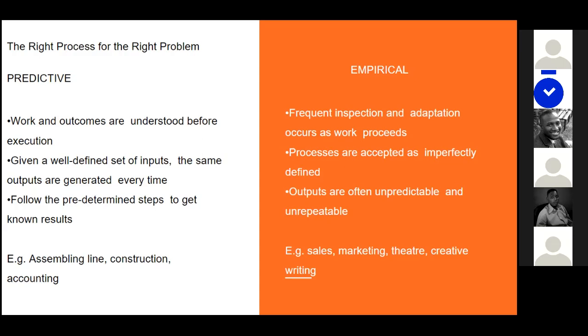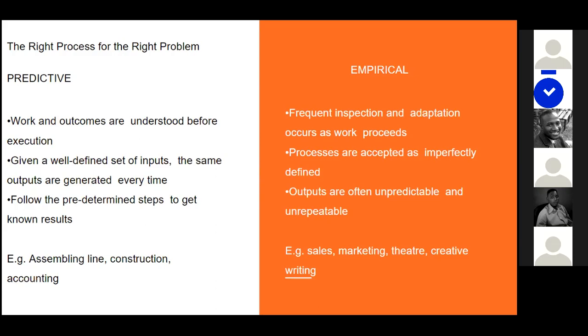And this is where traditional project management comes into play, because you have the four stages: initiation, planning, execution, and then closing. In other words, you are being predictive. You are trying to understand the work and the outcomes before you execute.